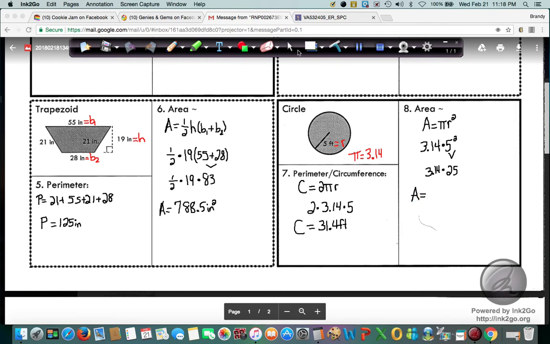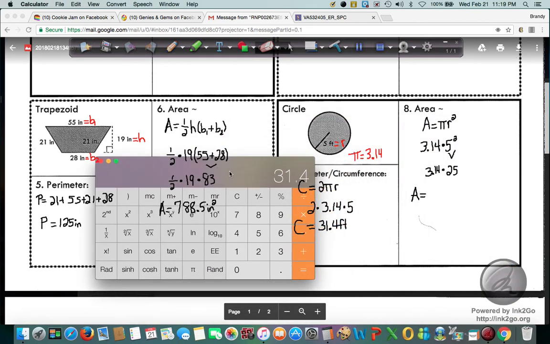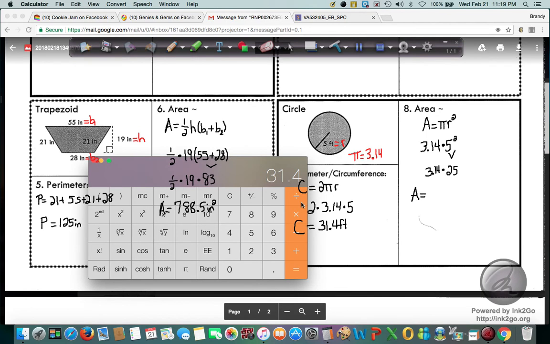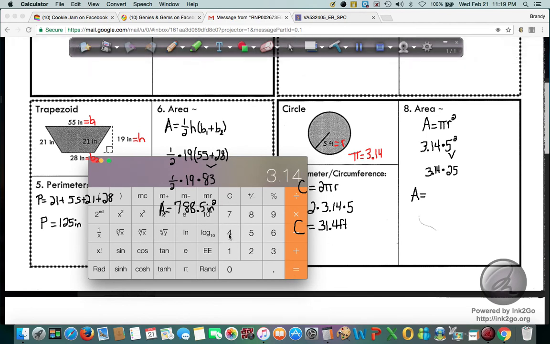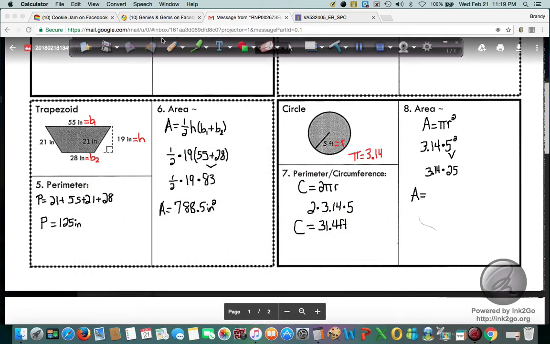So again, let me grab my calculator here. Okay, clear this out. Now I'm going to say 3.14 times 25. And I get 78.5. 78.5 is my area.